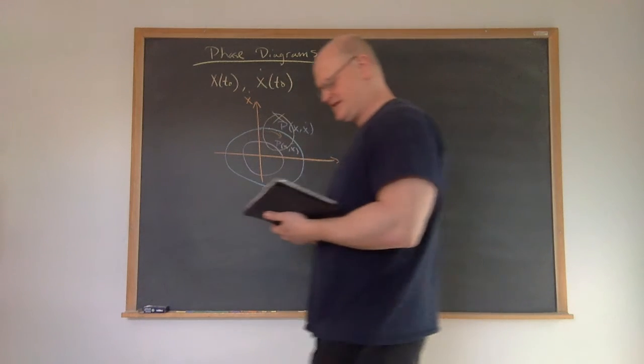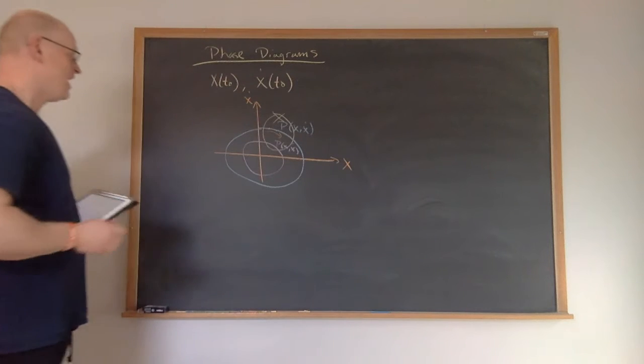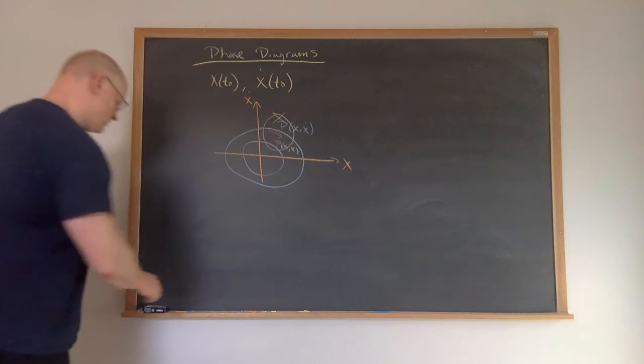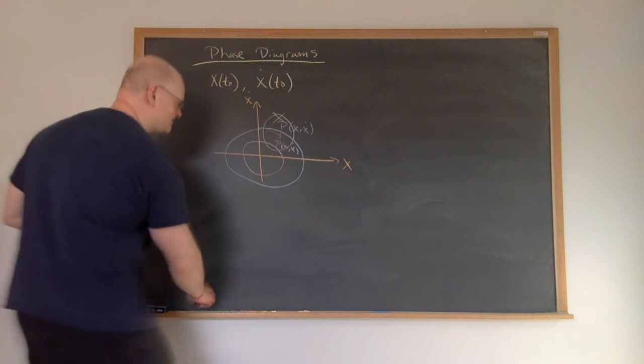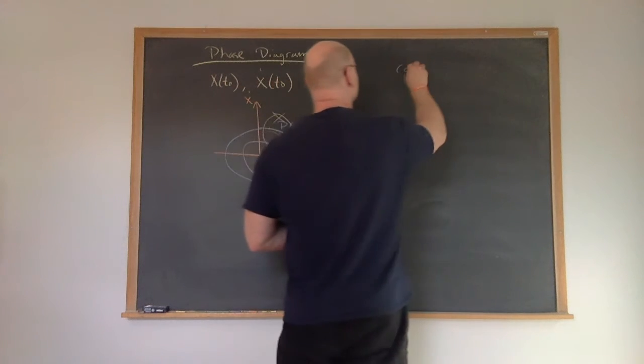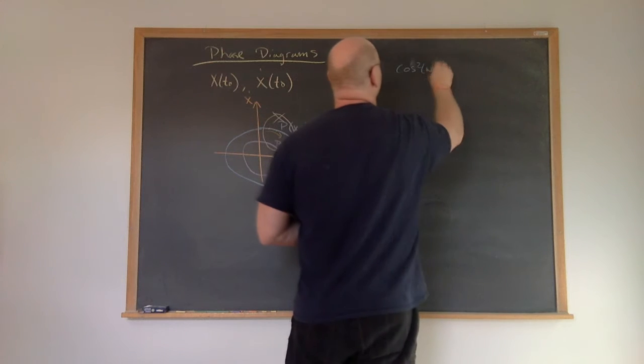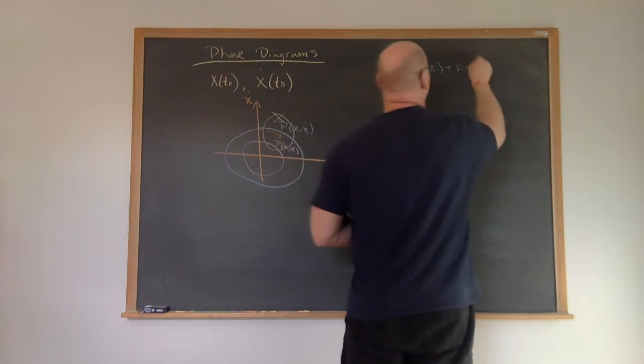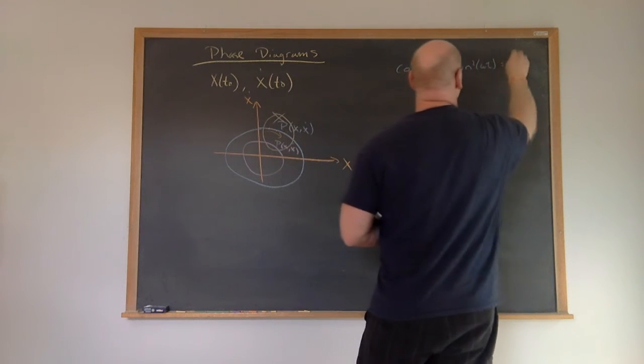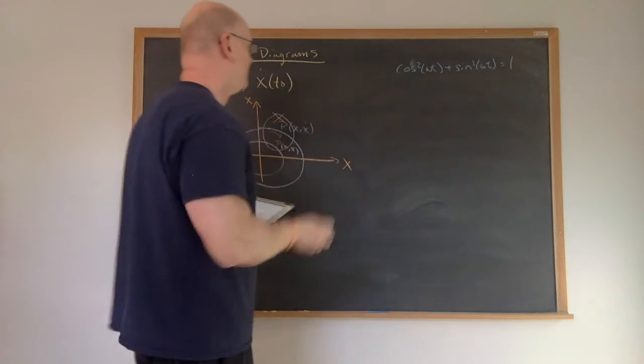So how do I know that these make ellipses? Well, what we know is that cosine squared of omega t plus sine squared of omega t must be equal to 1.